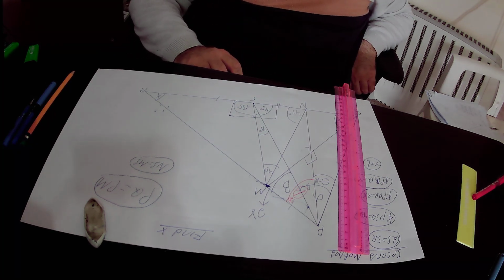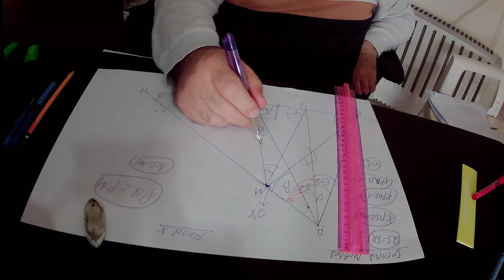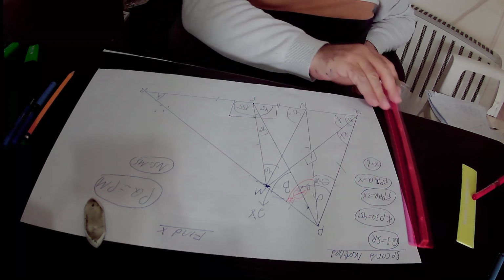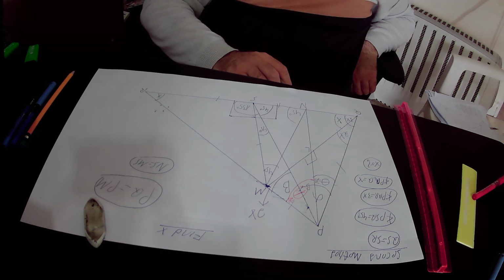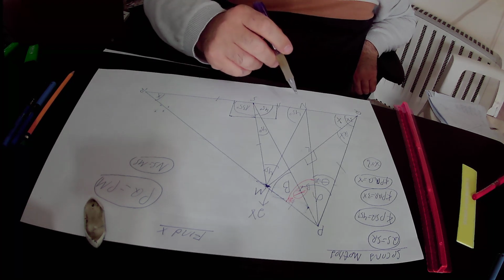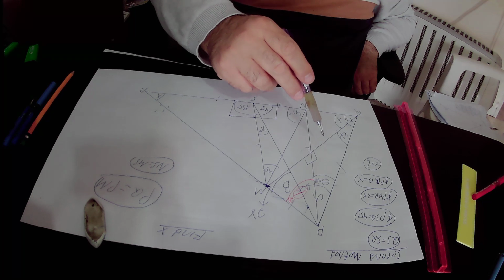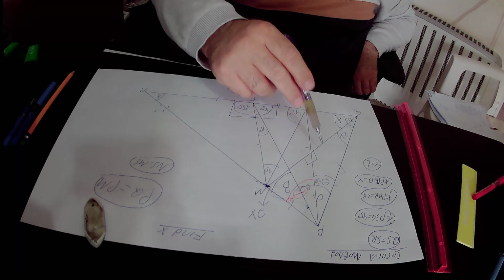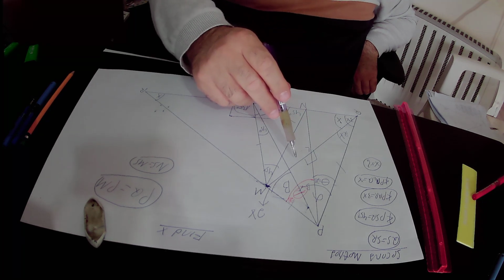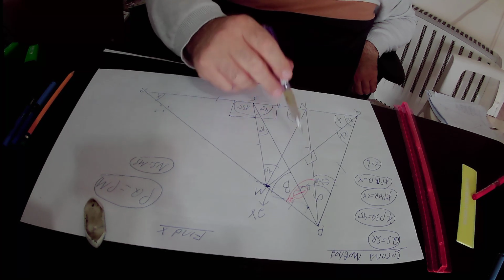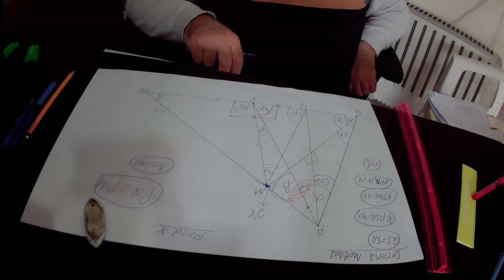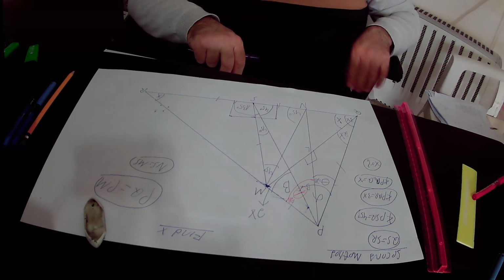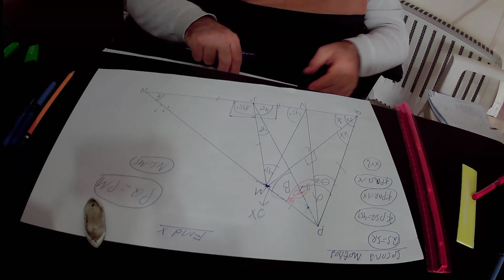So in the next step, we will prove that triangle PQN, this triangle, is congruent to triangle PNM. So I will draw those triangles together on a new page, and we will prove that they are congruent to each other.